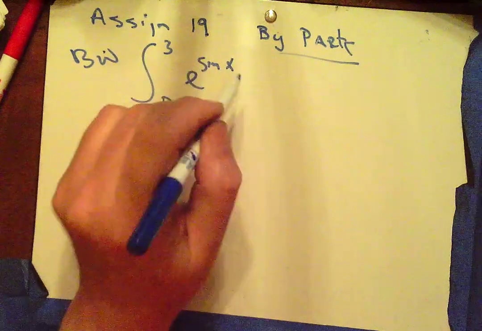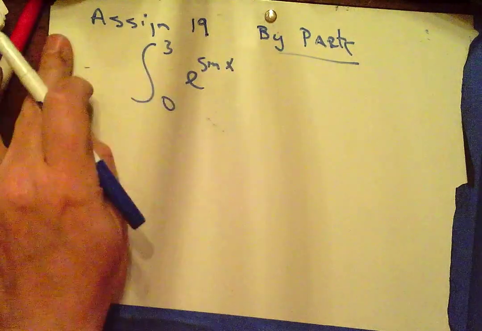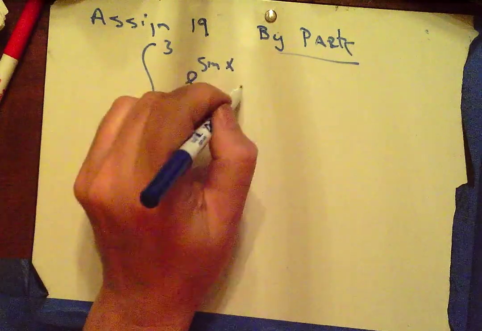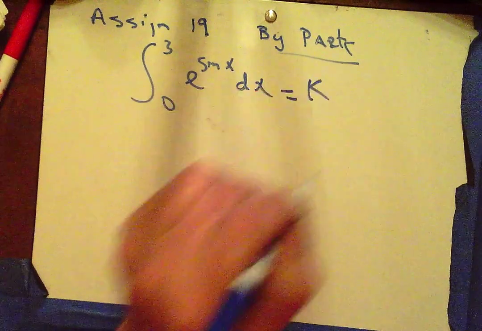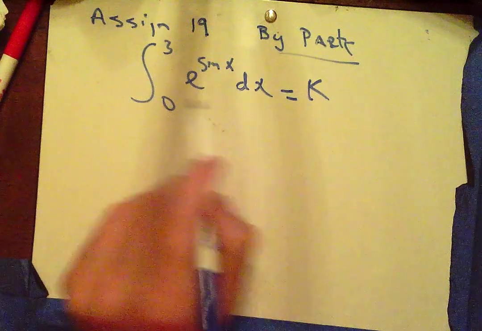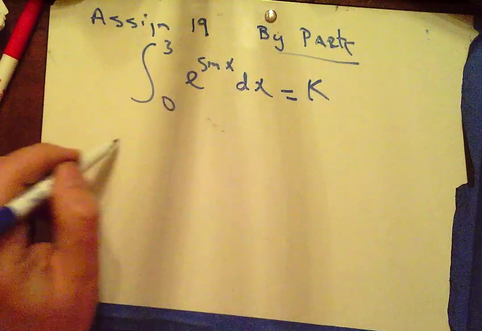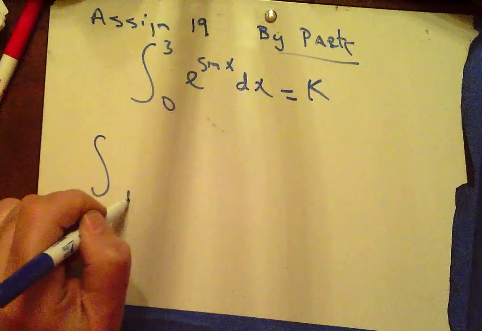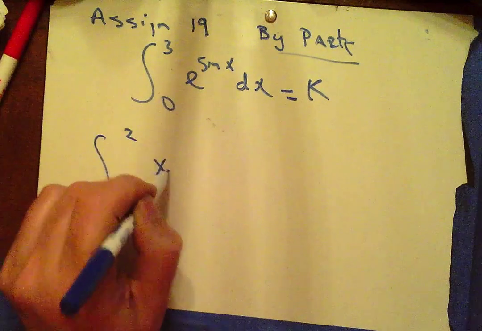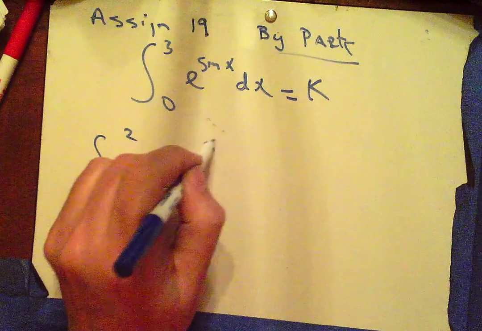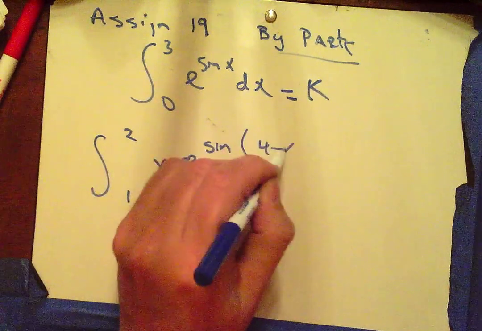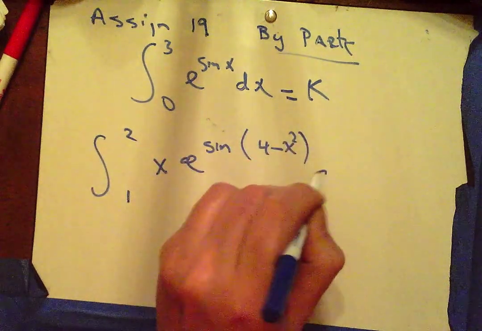Okay, here's your given. The integral of x dx equals k. It is known that this integral equals k, some number. Now they give me this: the integral from 1 to 2 of x e to the sine of 4 minus x squared dx.